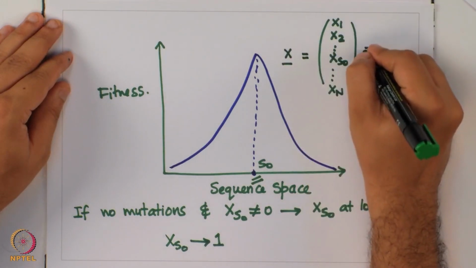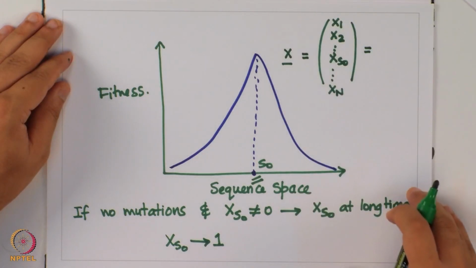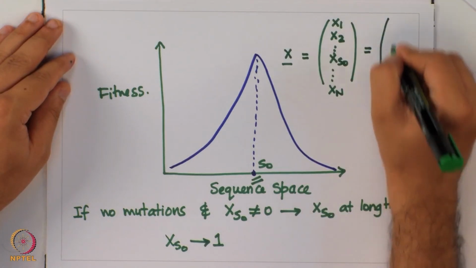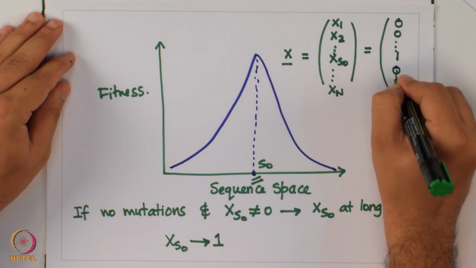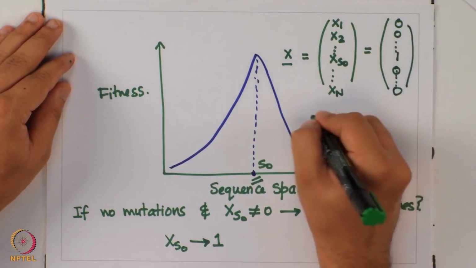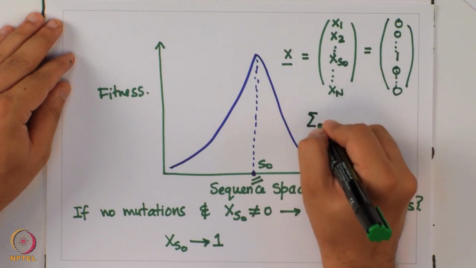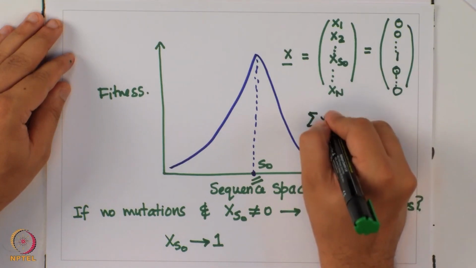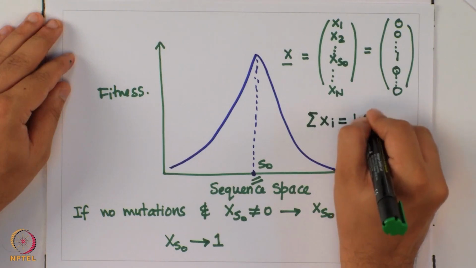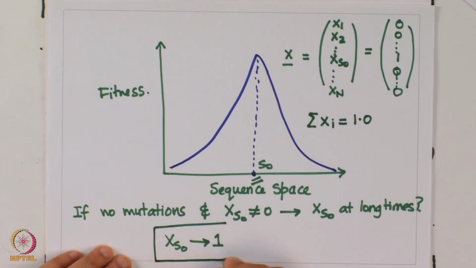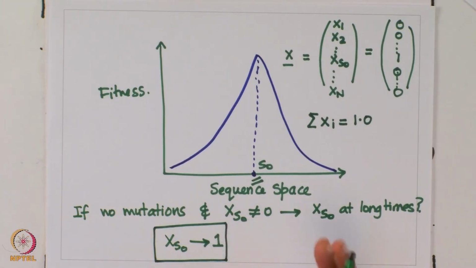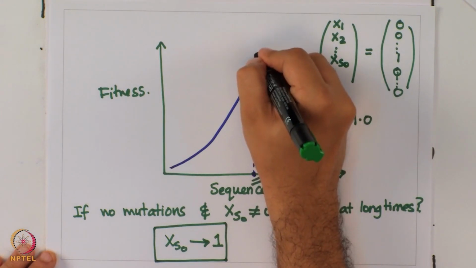Then at long times, what we are saying is that the vector would take the value 0, 0, 1, 0, zeros all the way, because since x's represent the fraction of the population which belong to a particular genotype, sigma xi has to be equal to 1, and selection, in the case of no mutations, decides that all individuals belonging to the population are at genotype S naught at long times. So, the entire population is right here.